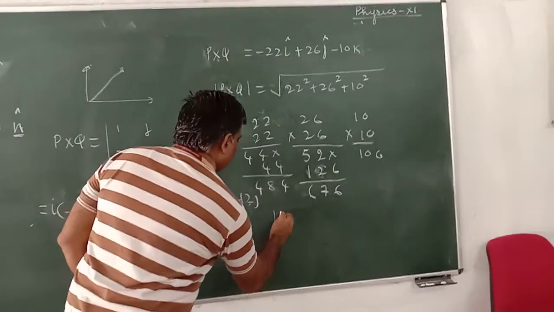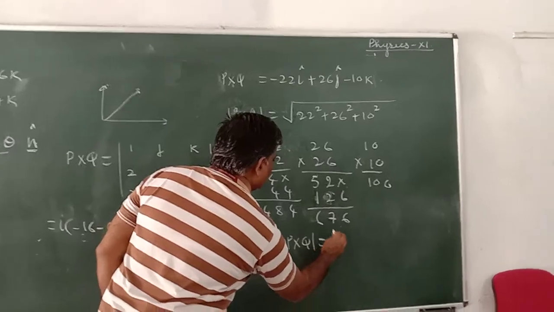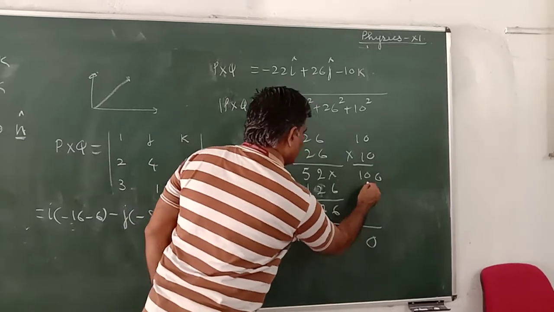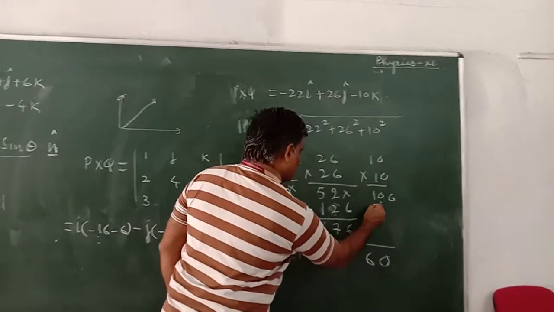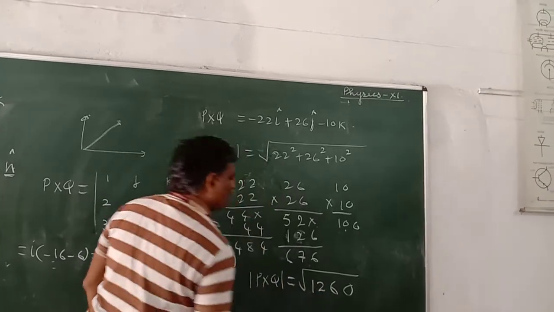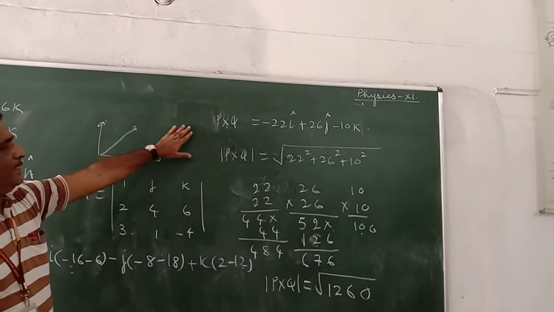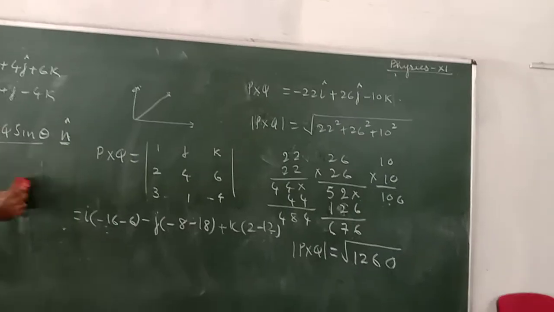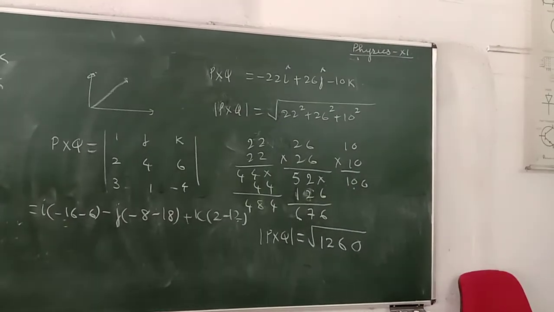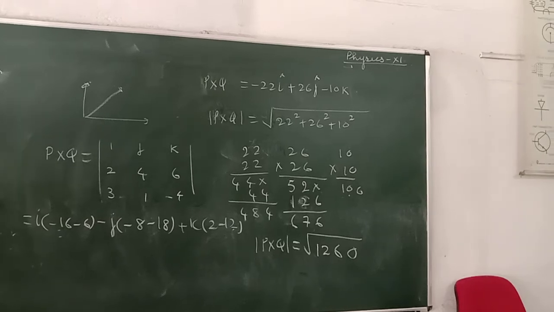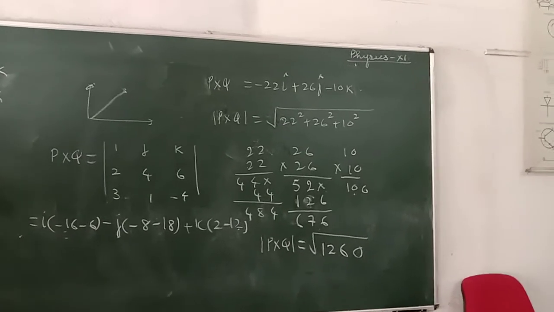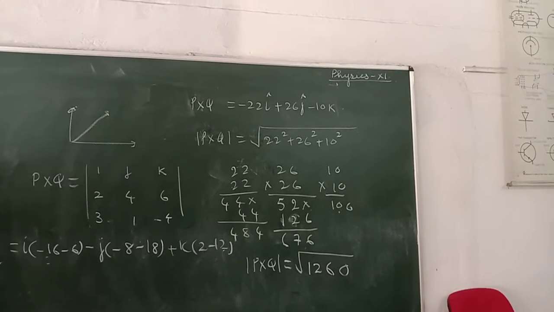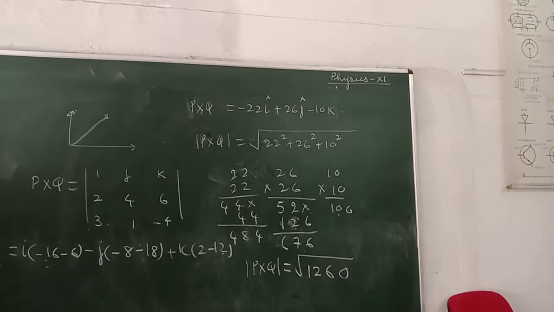So altogether, the magnitude of P cross Q is equal to the square root of the addition of all these, which is 1260. So the unit vector perpendicular to both of them, we can write it here as n cap, is equal to minus 22i plus 26j minus 10k divided by the square root of 1260.